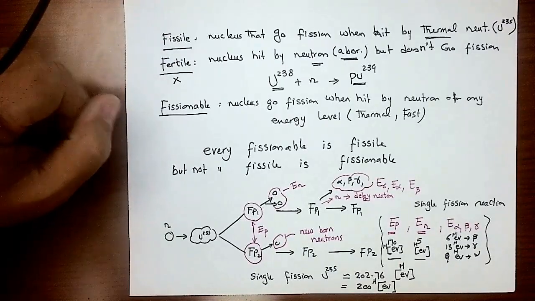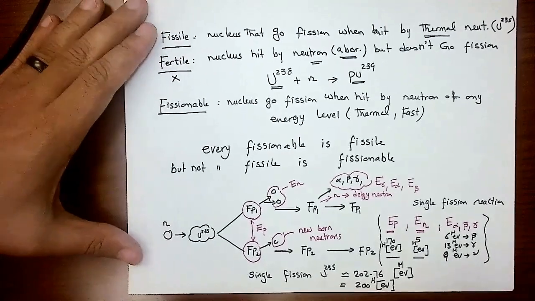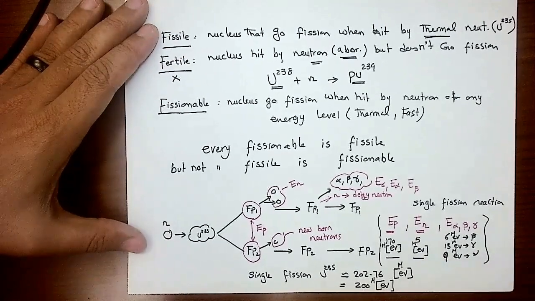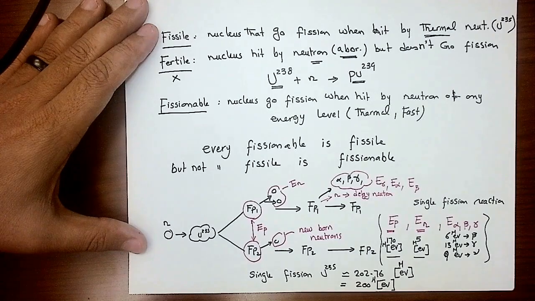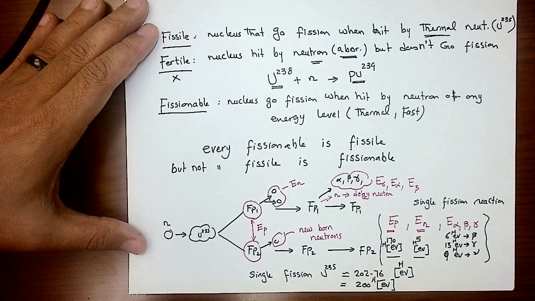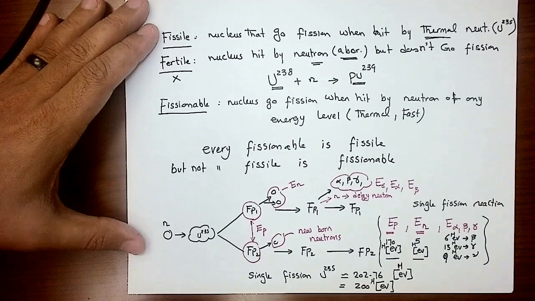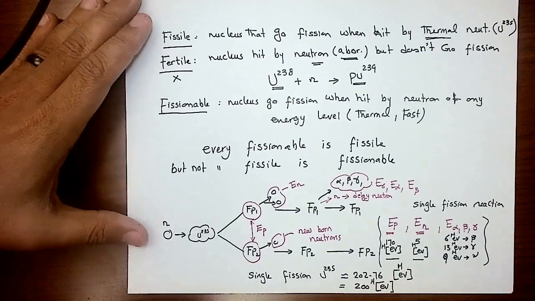So this is very important to know: how much energy is coming from a uranium-235 single fission. Now imagine in a fuel pellet how many uranium-235 nuclei you have, how many neutrons are around, and how many potential fission reactions there would be. If I know how many fission reactions would happen per unit fuel pellet, I multiply that number of reactions by 200 MeV, and I get the total energy out.